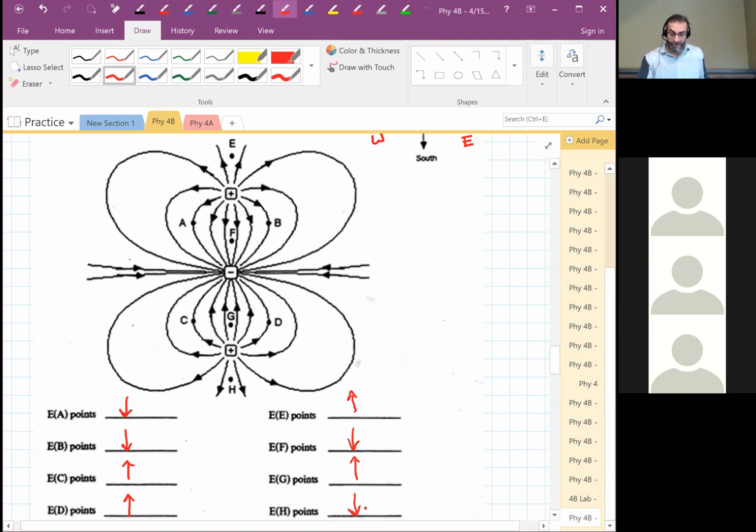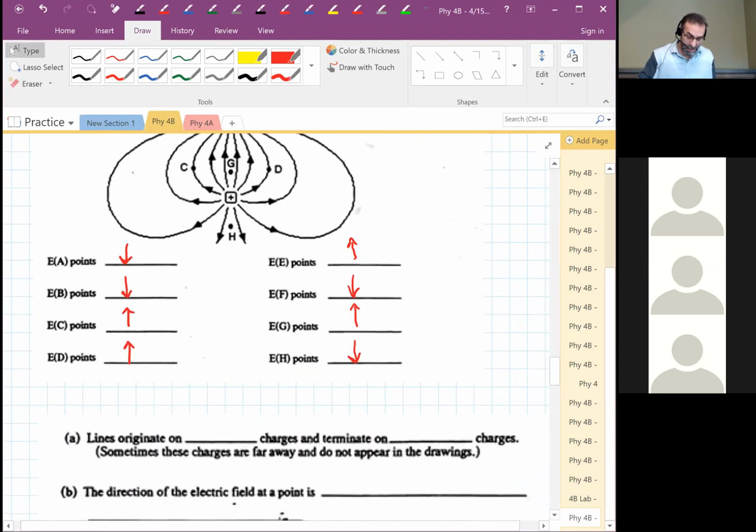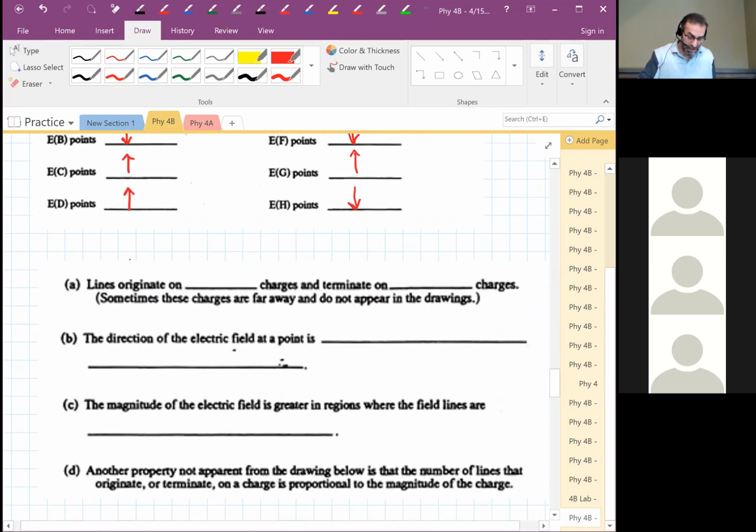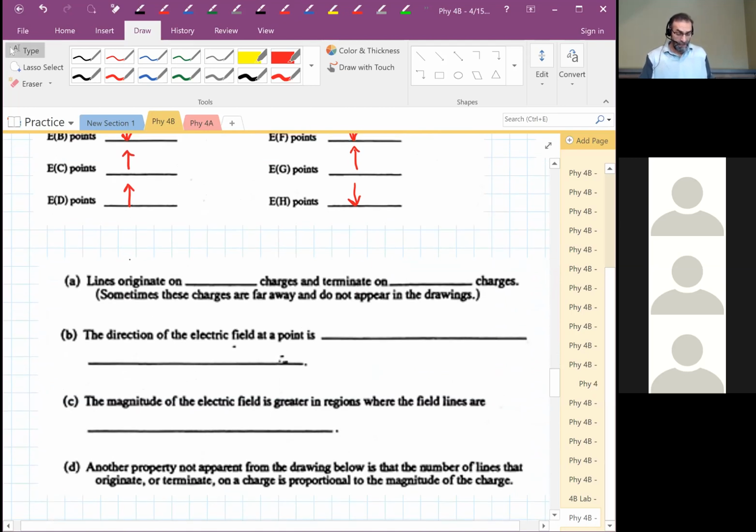So when we draw our field lines, they're these sweeping curved lines, right? But what they indicate is that if we were standing at that location, the electric field points tangent to the field line. So if we look at this, it sort of summarizes electric fields.